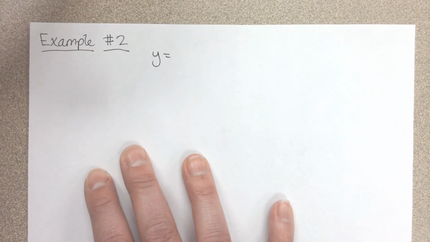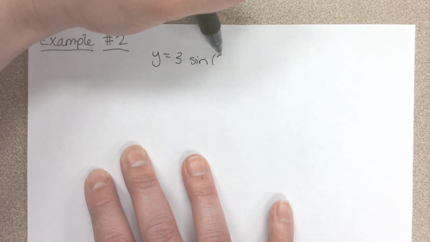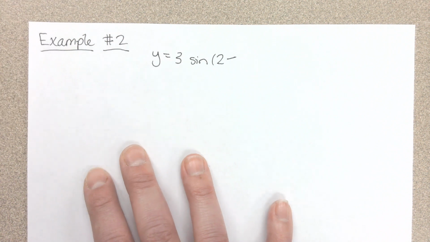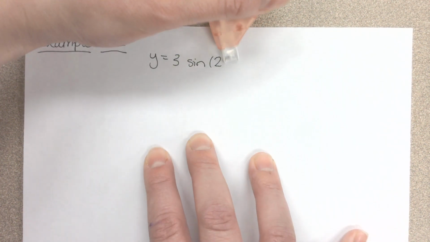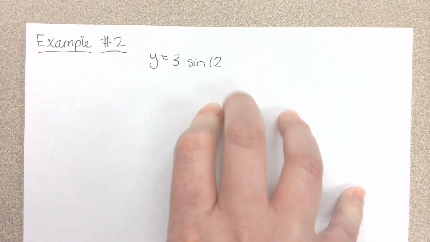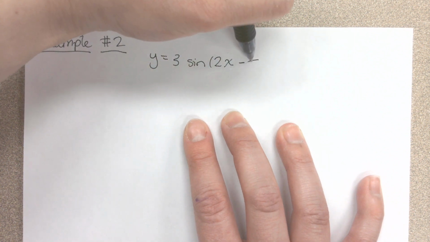Second example, we have y equals 3 sine of 2x minus pi.